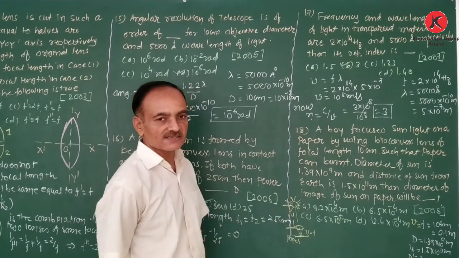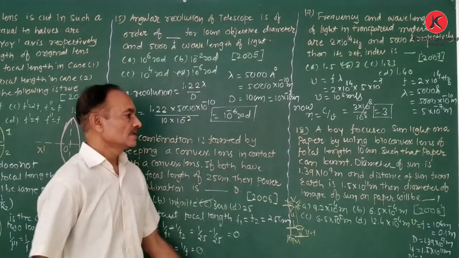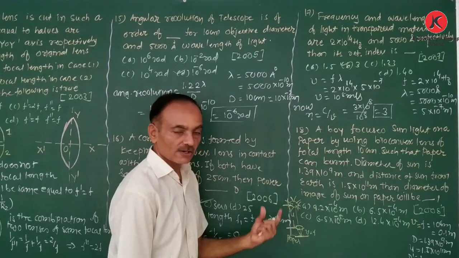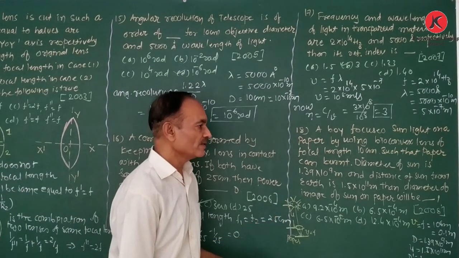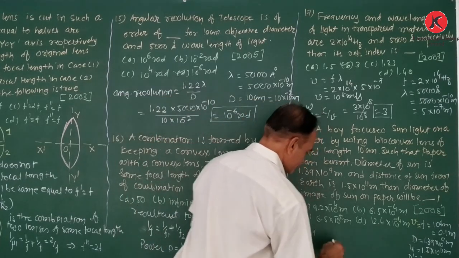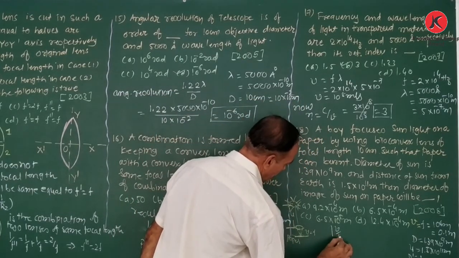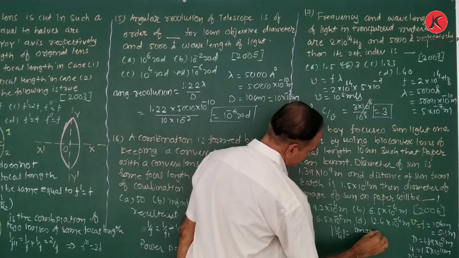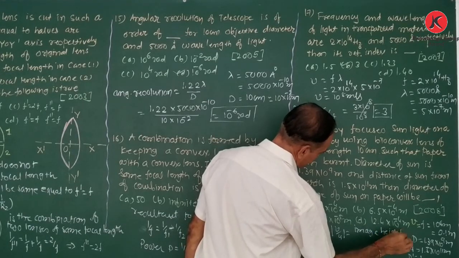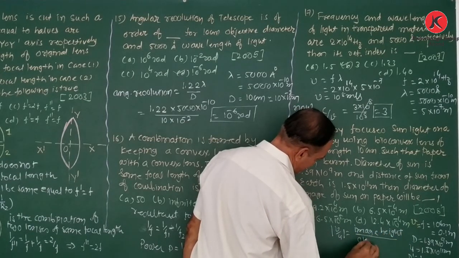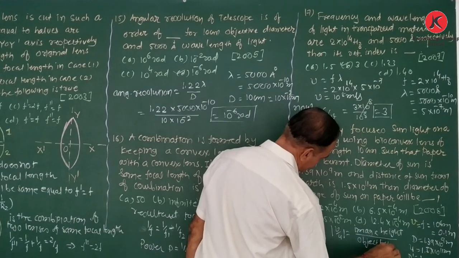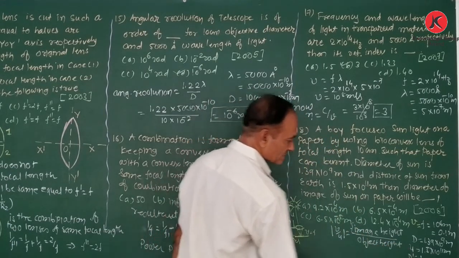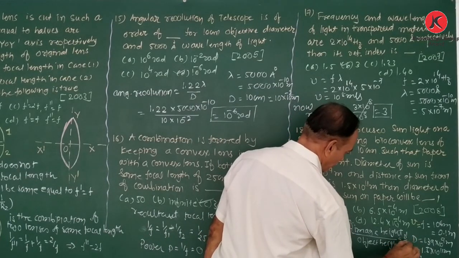The diameter of the sun gives the height of the object, or the diameter of the object. Therefore we know that mod of V upon U is equal to image height upon object height. We require this image height d dash upon d.